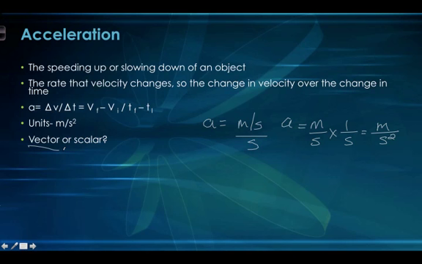So it still has direction, but usually the negative and the positive sign indicate if it's speeding up or slowing down. For instance, if you have an object that is falling from the sky, as it falls, it will speed up, but it's going in a negative direction. That's one of those instances where it is speeding up, but it has a negative direction.